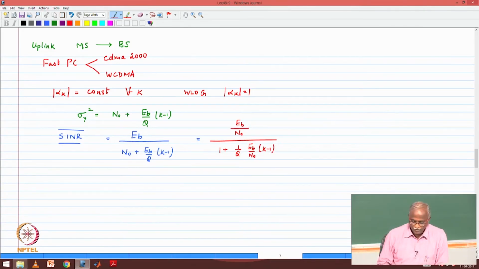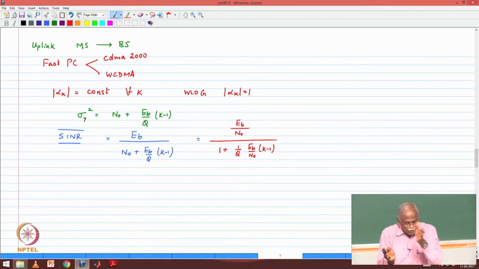Very interesting form, because what it says is that EB by N naught is what would have been a single user's signal to noise ratio. But now, because other users are present, though they have been suppressed by our spreading factor Q, they are still present. They are contributing. So the denominator is a number that is greater than 1.